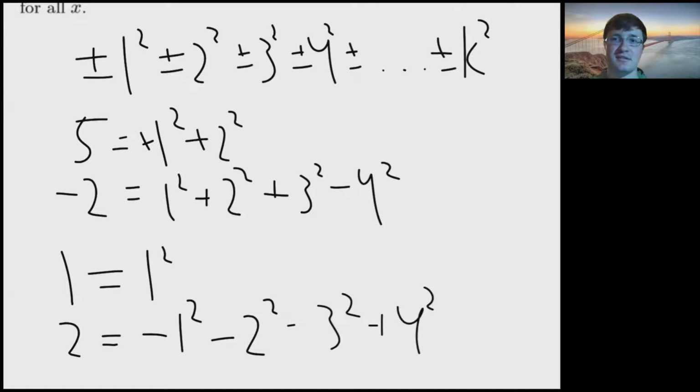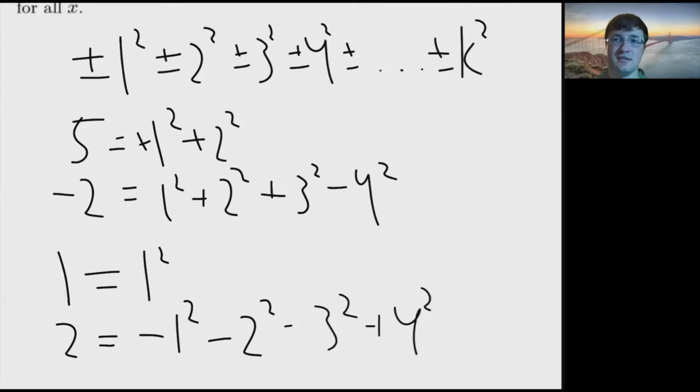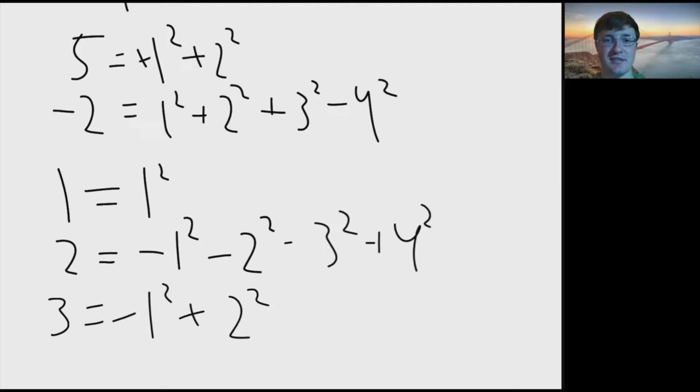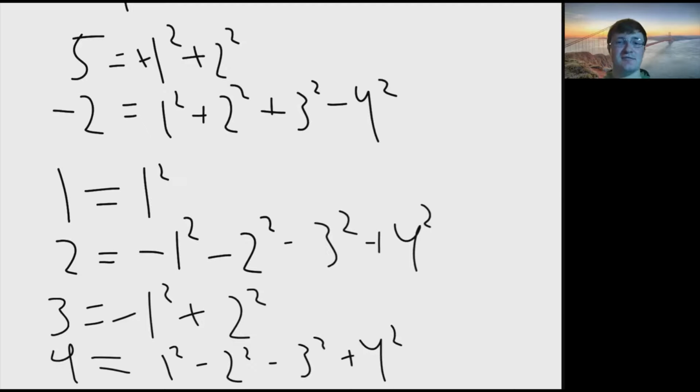Three will be minus 1 squared plus 2 squared. And then 4 you can write as 1 squared minus 2 squared minus 3 squared plus 4 squared. So 1 squared plus 4 squared is 17, then you're subtracting 13, so that is 4.